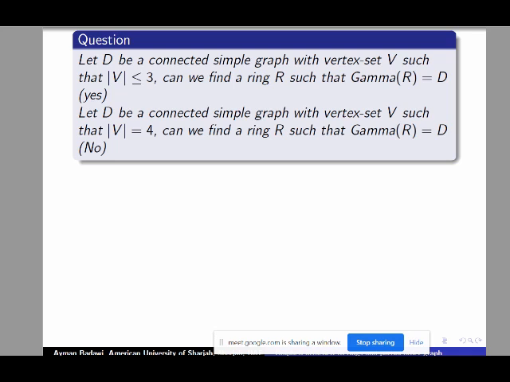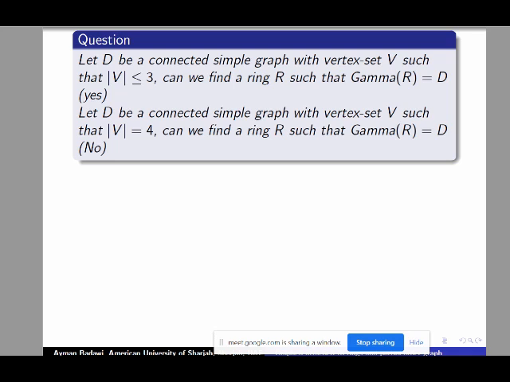which is a very natural question. If you have a connected simple graph with vertex set V, and assume the number of vertices is less than or equal to 3, can we find a ring such that the zero divisor graph of the ring will be the given graph?